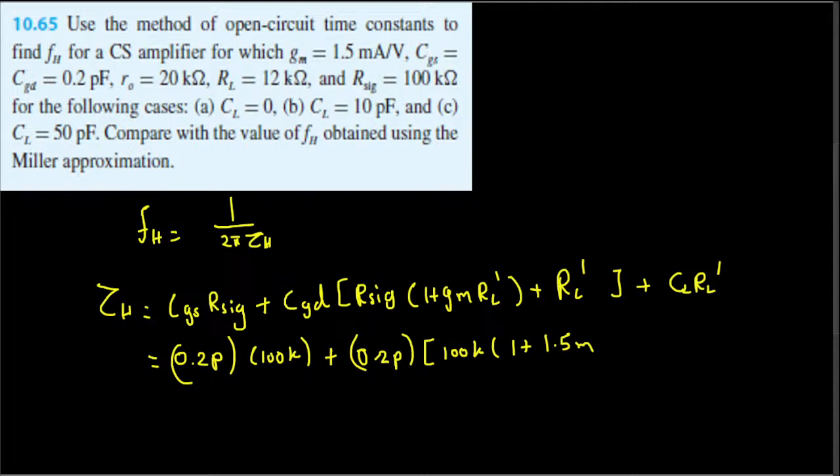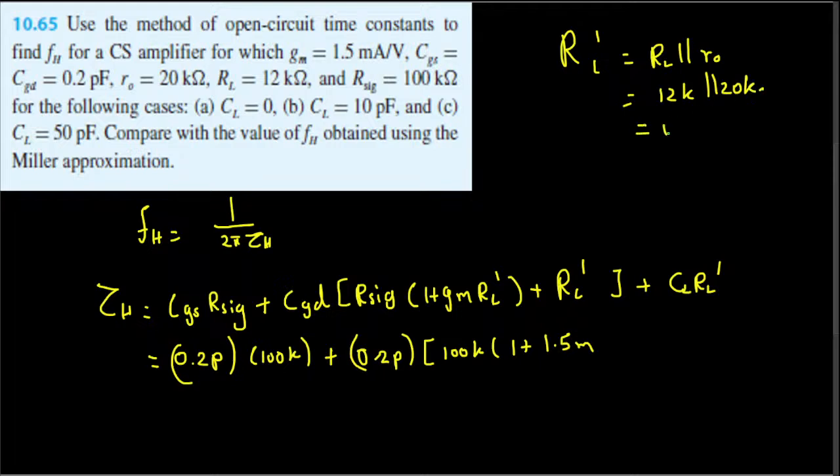okay. We don't have the RL prime, so we have to calculate it. We have RL provided and also RO provided. RL prime is nothing but RL parallel to RO, so this is basically the product over sum. In this case, RL is 12k, and RO is given to us, that is 20k.